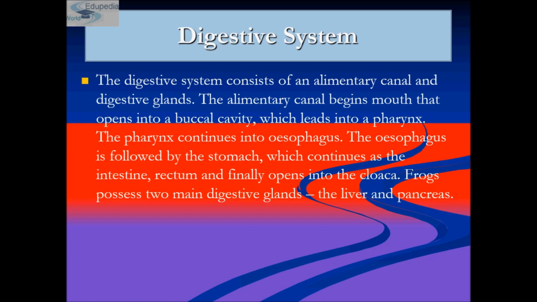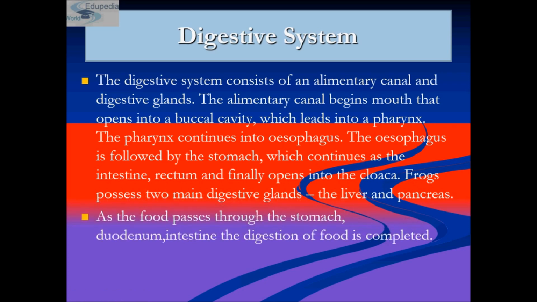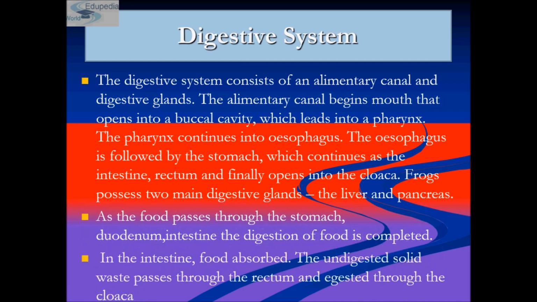We'll be studying each one in detail, but before that, as the food passes through the stomach, duodenum, and intestine, the digestion of food is completed. In the intestine, food is absorbed. Undigested solid waste passes through the rectum and is discharged through the cloaca.